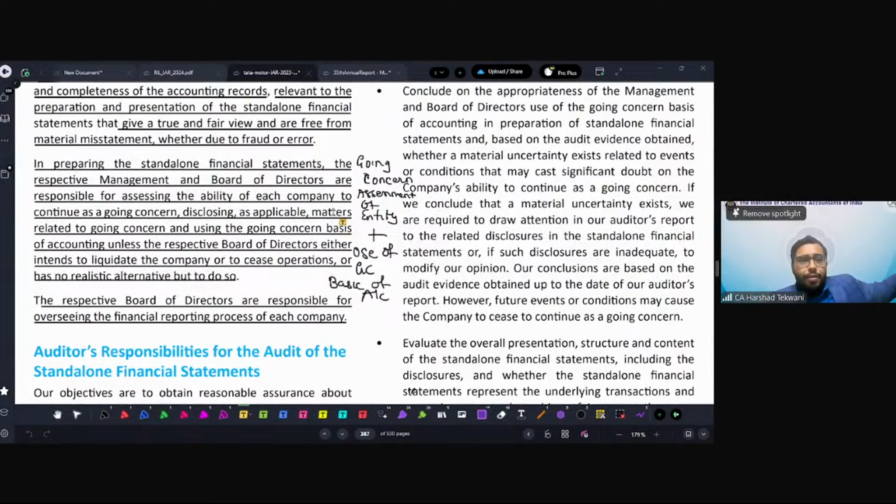Or I have management responsibility on the top, then key audit matters, then other information, then other matter, emphasis of matter, then opinion, then some other things, and then your basis of opinion. The reader will get confused. That's why there is a particular layout, a particular way of describing things, and this is prescribed in your standard.